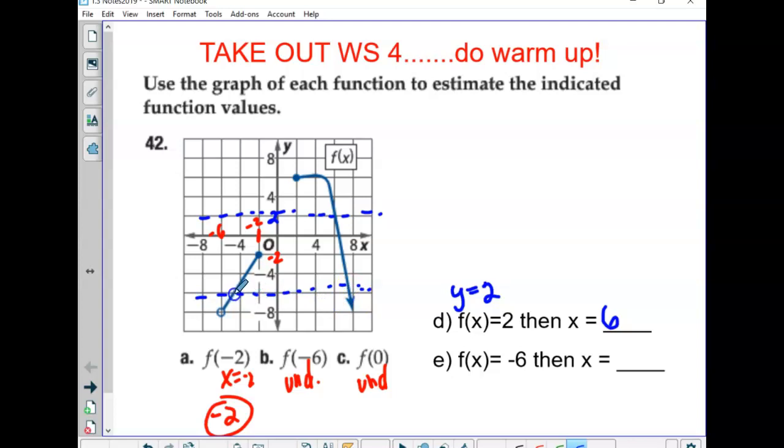Over here at -5, maybe? Don't forget negatives. That's a silly way to get these wrong. And then it hits -6 over here around, what do you call that, 7 maybe? Okay, those are estimates, and they are estimating on the quiz as well, okay?